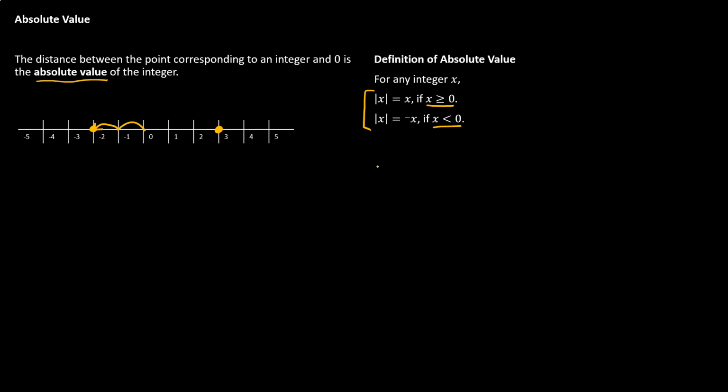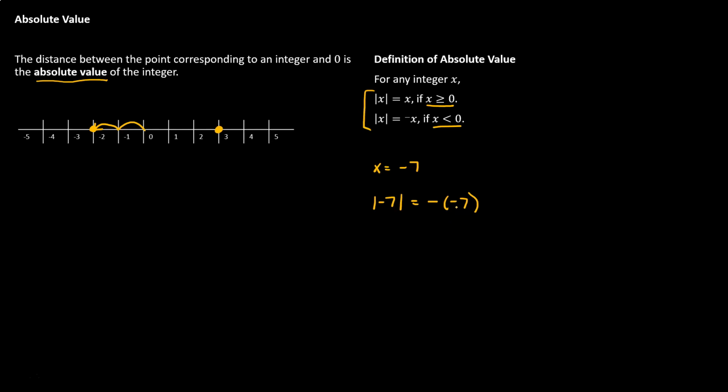So if I'm looking at x equals -7, then I need to use this bottom rule. So the absolute value of -7 is equal to the opposite of -7. The opposite of -7, that's like saying the opposite of an opposite. So remember that -7 is the opposite of +7.